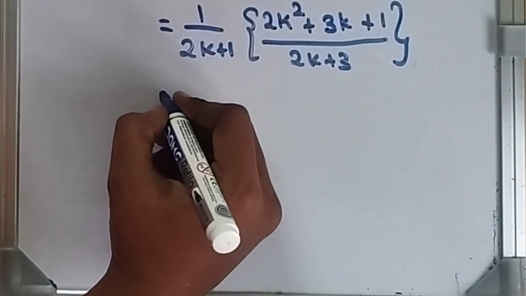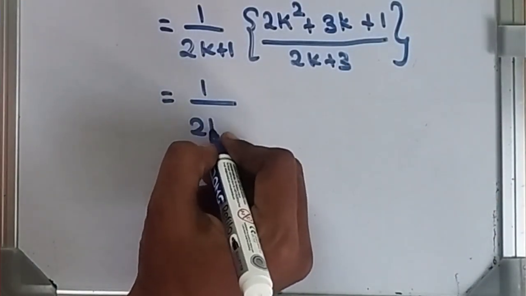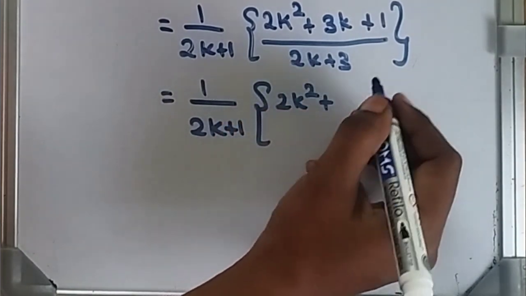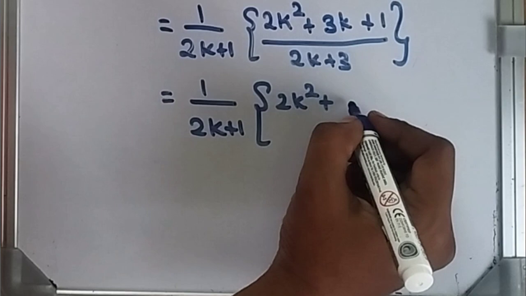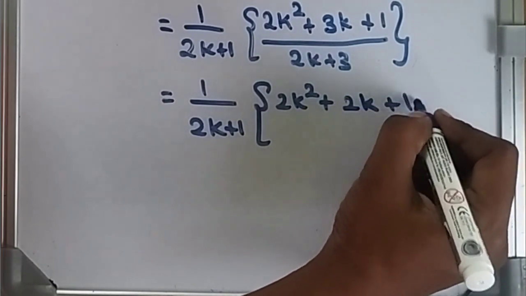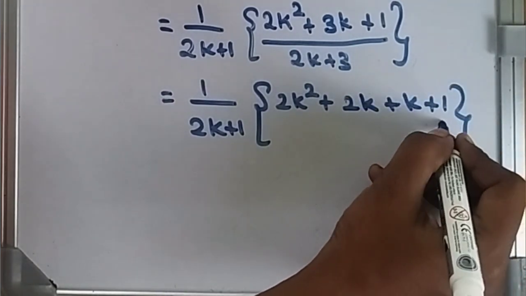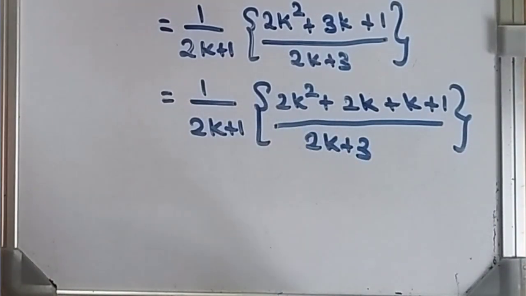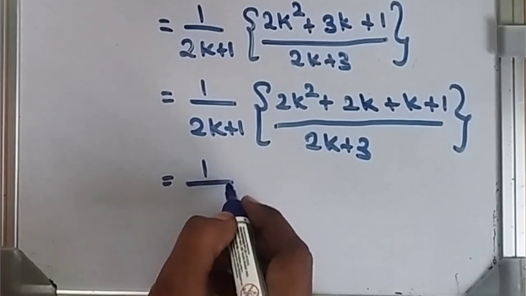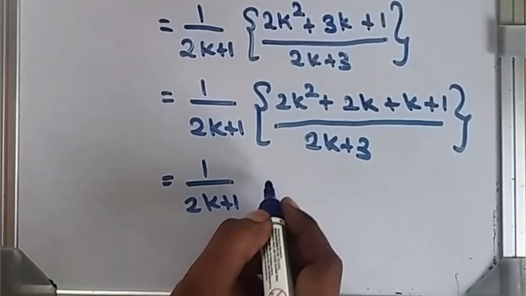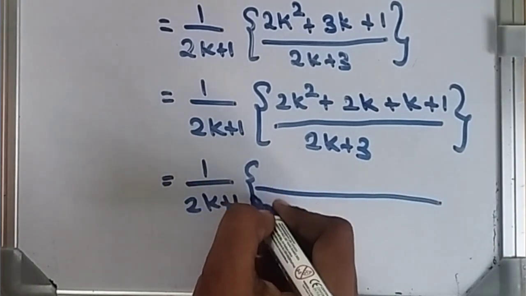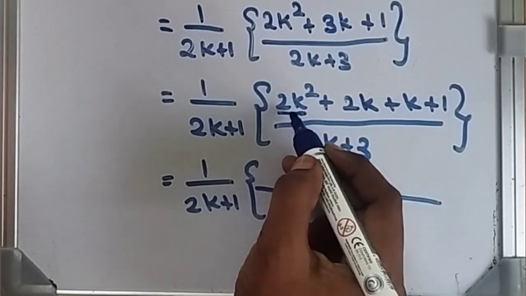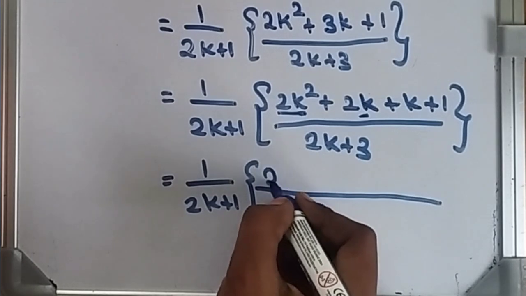Right? So I am again rearranging this equation. That is 2k squared, right? I am going to rewrite this 3k as 2k plus k, plus 1, divided by 2k plus 3. Clear? So the equation becomes 1 divided by 2k plus 1. Here these two terms contain 2k, so I am going to take this 2k out.